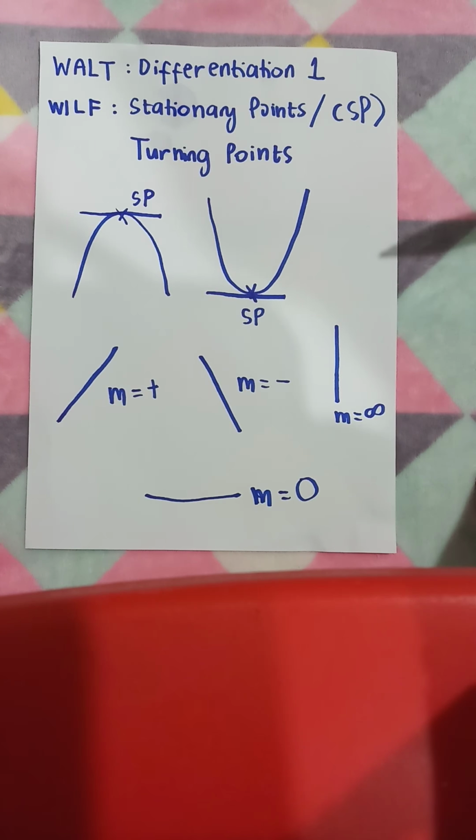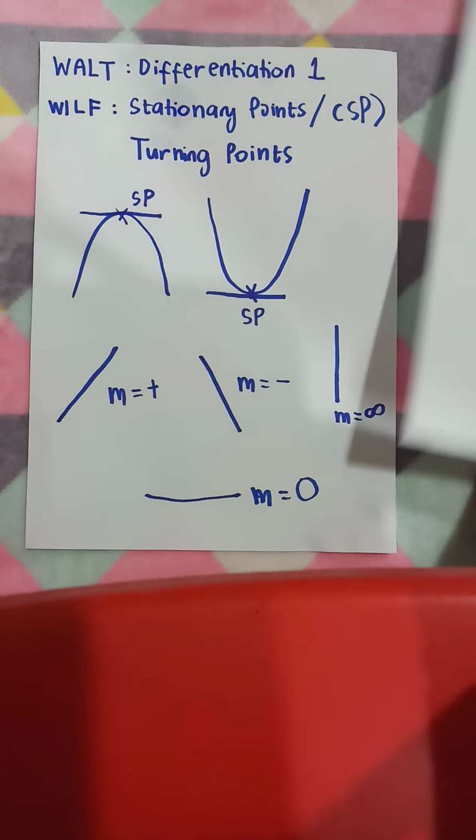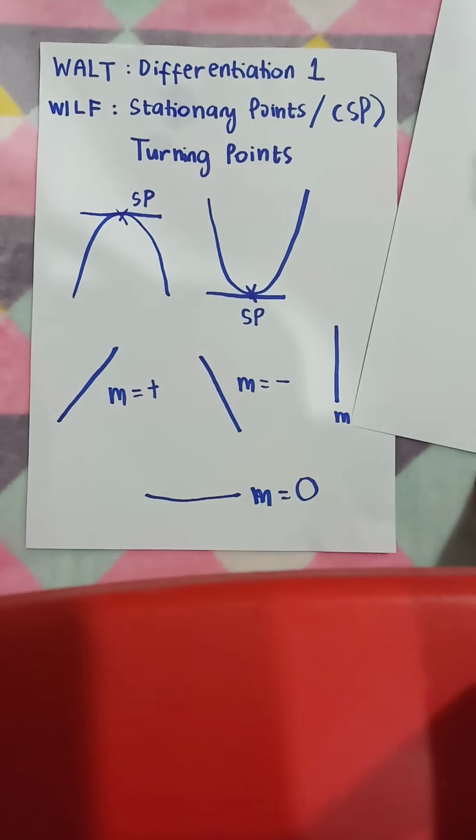So what we know from here, make sure everybody copies that, is that at a stationary point, the gradient must be equal to 0.